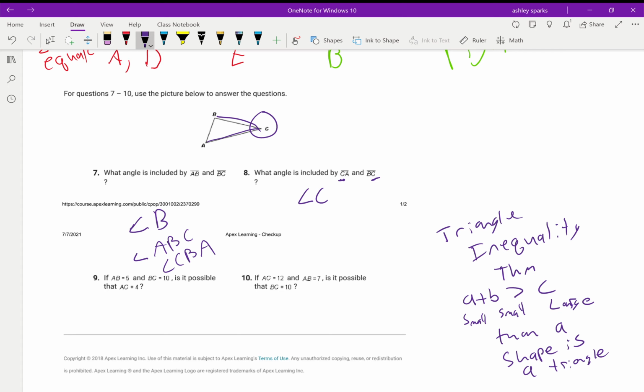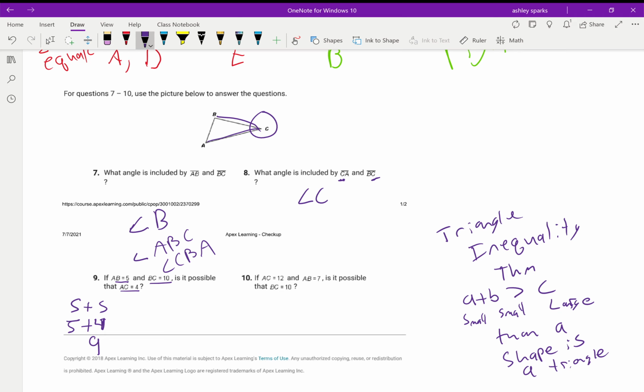Well, in practice, you're going to be given 3 sides, okay? So my first one, I have 5, 4, and 10. What you want to do is take your 2 smaller sides and add them together. So 5 plus 4, hopefully we know, is 9.